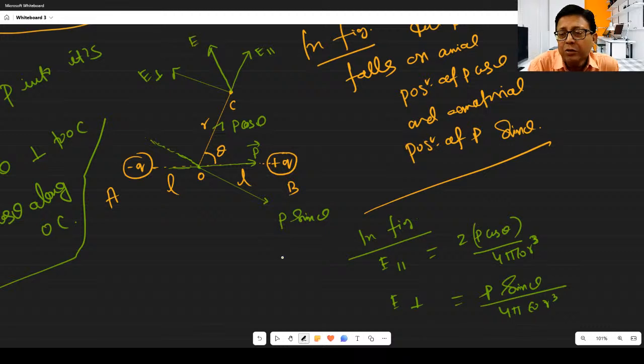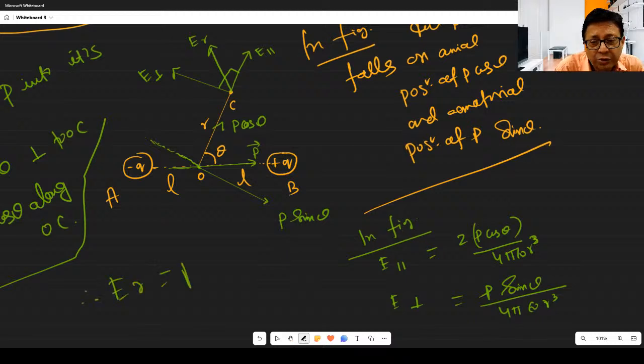So the resultant electric field, how will I find? As they are not of the same magnitude, I cannot take along the bisector. If they are of the same magnitude, then it will be along the bisector. So E resultant, this angle is what? 90 degrees. This is the advantage we should take. So ER equal to under root of E parallel square plus E perpendicular square.